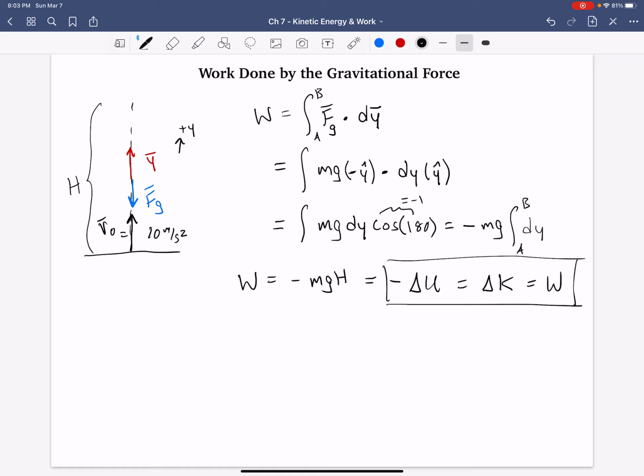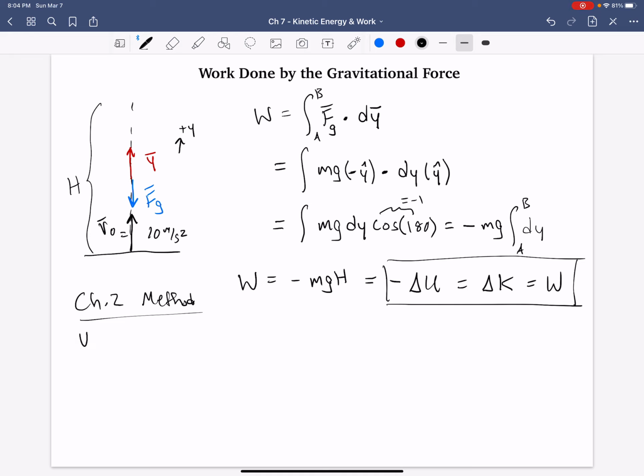So let's do that real quick. Pause on chapter 7 stuff and let's go back to the chapter 2 method, basically 1D kinematics. So we don't necessarily have a time, but that's okay. We have an initial speed specified, and that's really all that matters if we want to find a total height.